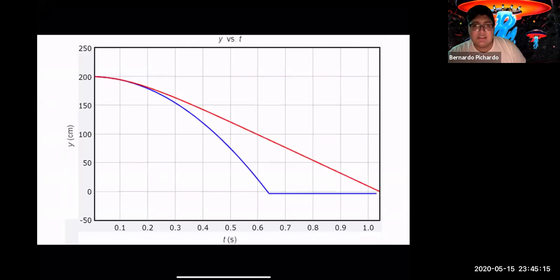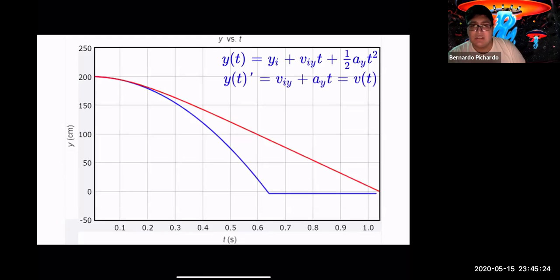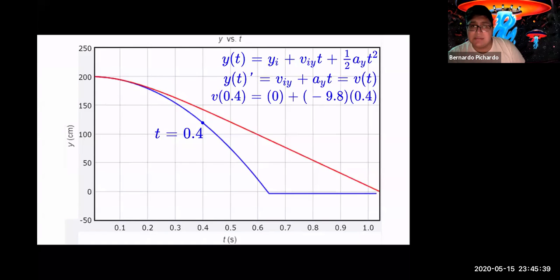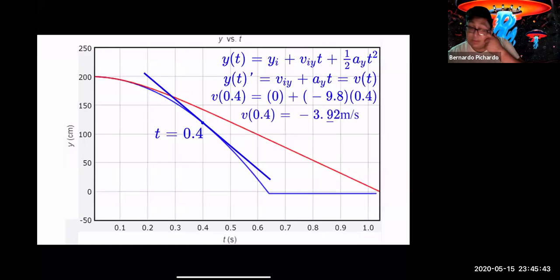And this is our graph of our position relative to time of the two balls. And if we do some number checking here, we have our position, and then we take the first derivative to get our velocity. And so let's say time equals 0.4. Let's punch that in. So we punch in velocity at 0.4 into the derivative: 0 plus negative g times 0.4 seconds, and we get negative 3.92 meters per second.